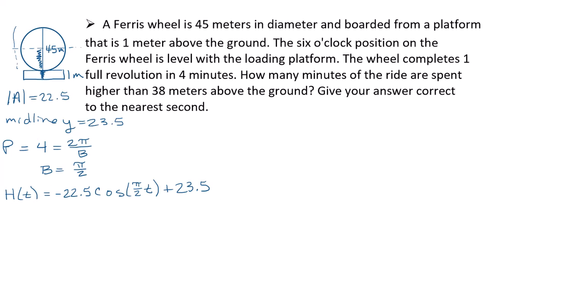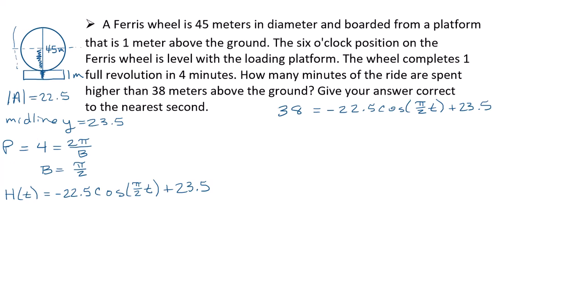Now we want to know how many minutes of the ride are spent more than 38 meters above the ground. So we have an equation to solve here. I have 38 as my height at some time t is equal to negative 22.5 cosine of pi over 2 t plus 23.5.